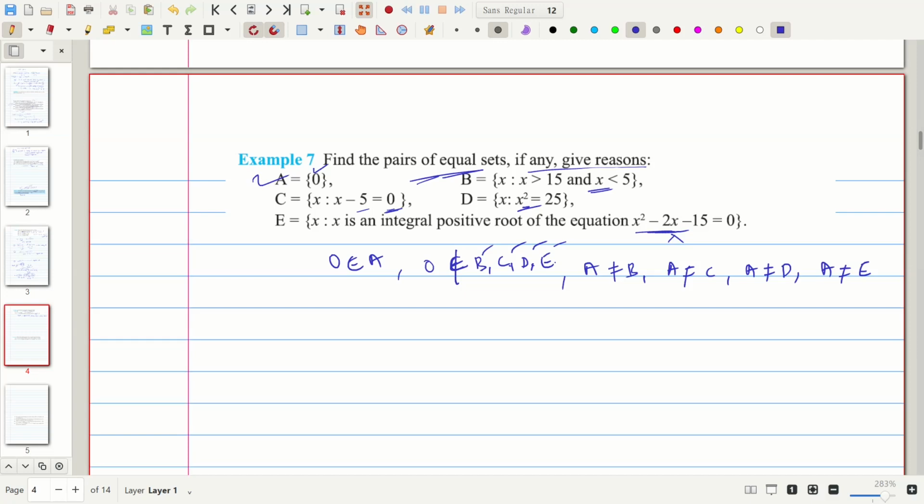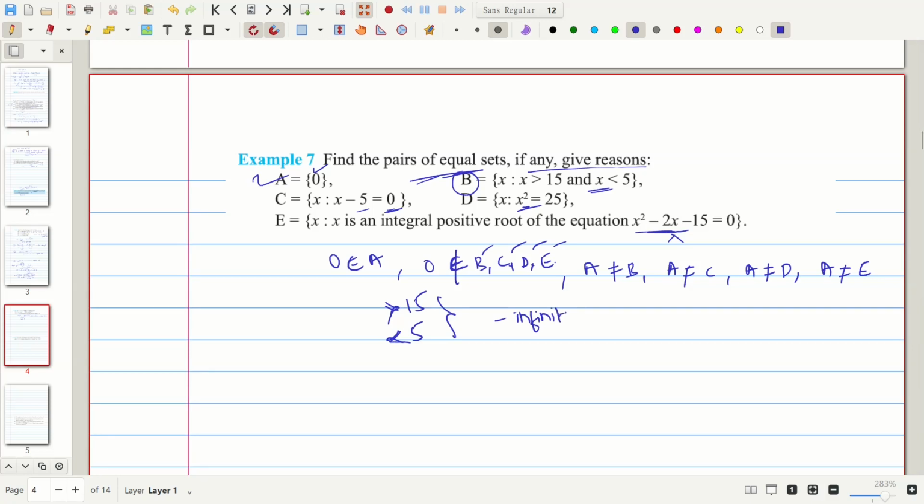Okay, next take B. Here x is greater than 15 and x is less than 5. There is no number x which is greater than 15 and less than 5. You cannot identify such a number. Therefore, it is an infinite set.